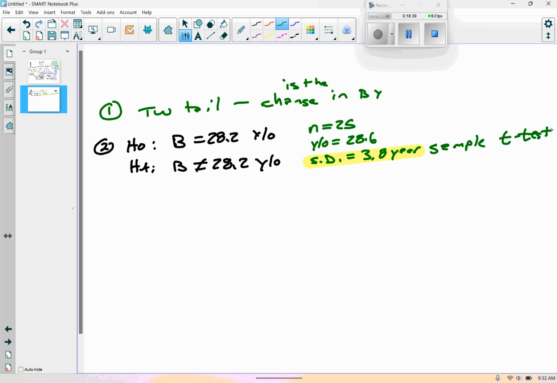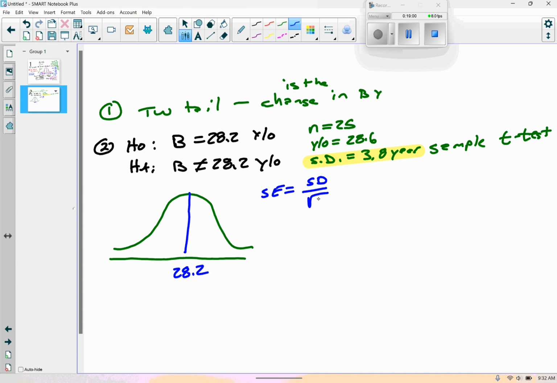All right. Let's see. We've got to make ourselves this fancy normal distribution. It looks like this. Oh, it's so pretty. And then we know that this right here has to be 28.2. And we have to find the standard error because that's what we're supposed to do. Standard error is the standard deviation over the square root of the sample size.